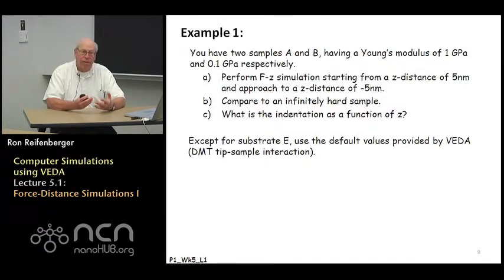Except for the substrate's Young's modulus E, it's probably easiest to just use all the default values provided by VEDA. In this particular example, we're going to use the DMT tip-sample interaction potential.